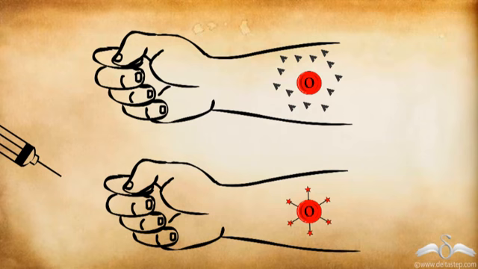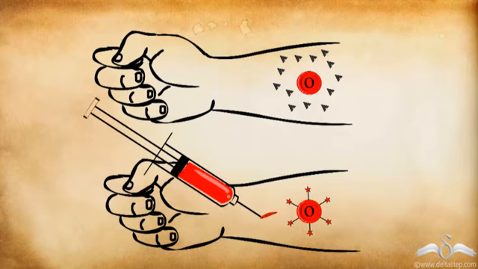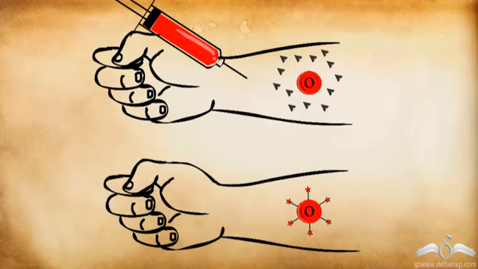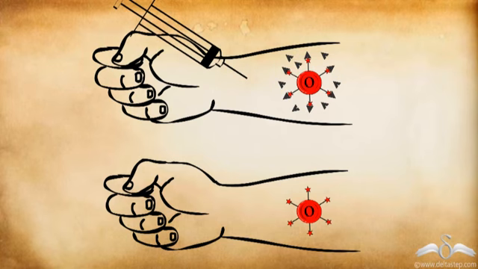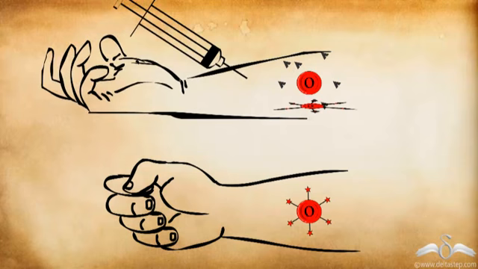So let us see what is happening. So this man is O positive, and this blood is getting transfused into an O negative person. So the anti-O positive antibodies and the surface antigens react and cause agglutination, and then the person dies.